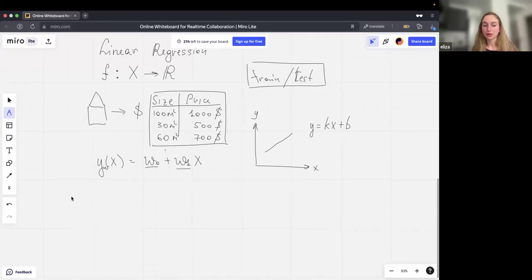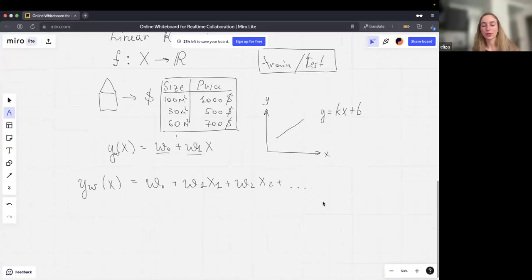In real life, you work with many features, and you have weight 0 plus weight 1 x1 plus weight 2 x2 and etc. But as I said, we will consider the simple case because all the statements stay the same.